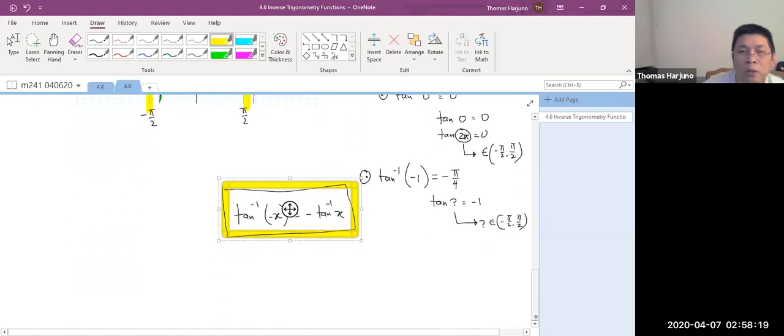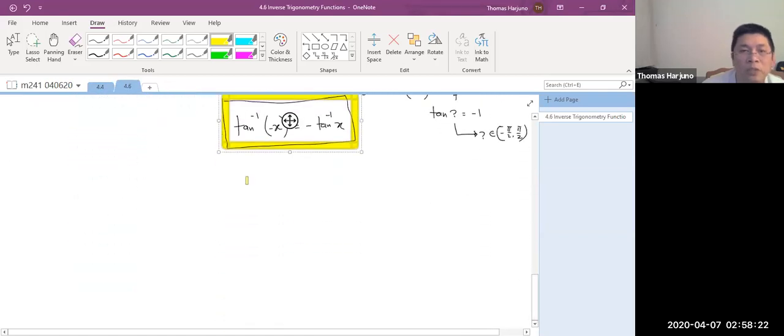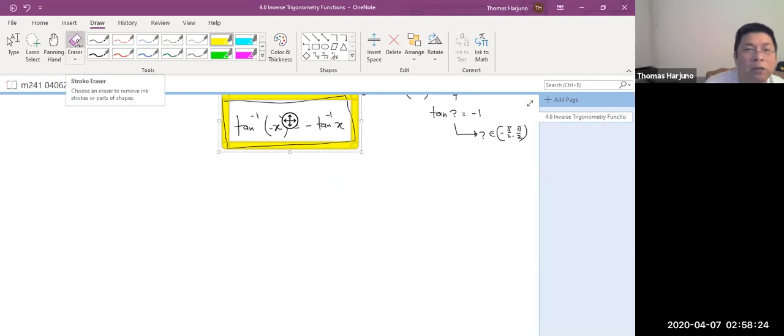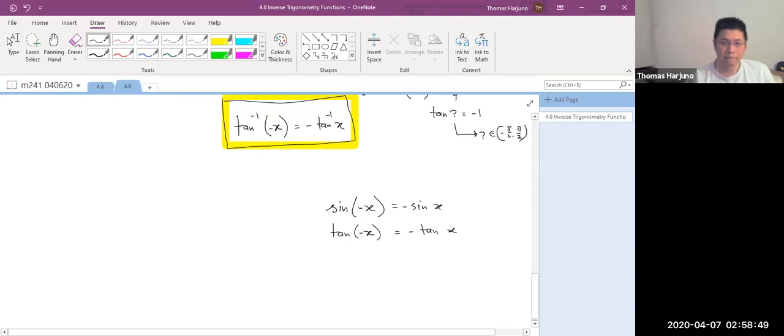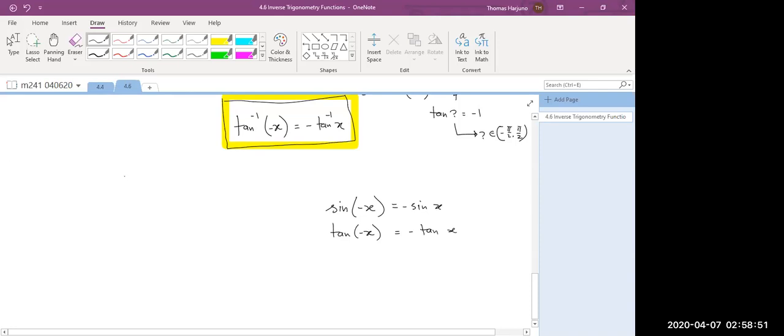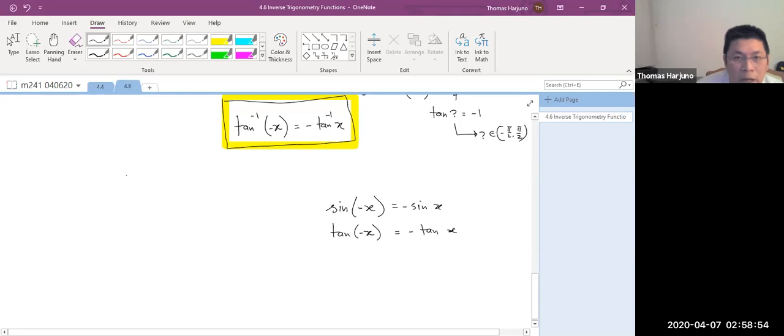That's fine then. Okay. Now, the reason why this works is because from the past, I think that's basic property number 4 or number 5. That sine of negative x equals negative sine x, and then tangent of negative x equals negative tangent x. Have you seen this? Yes. Basic properties or basic identities.